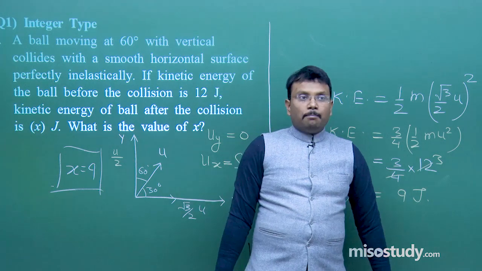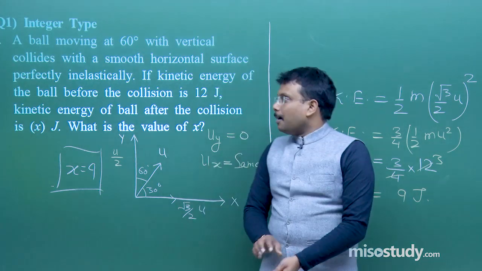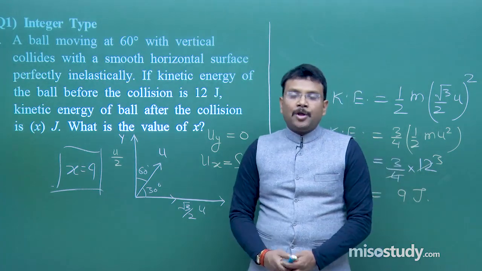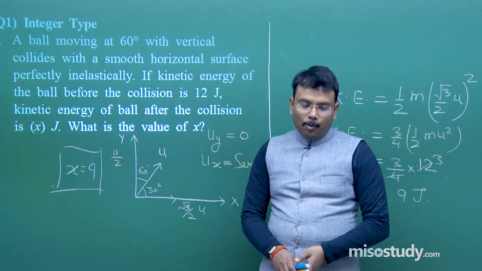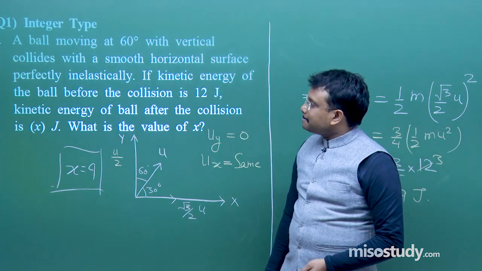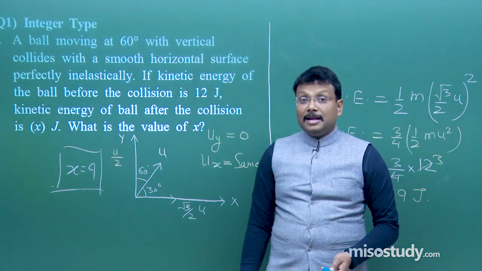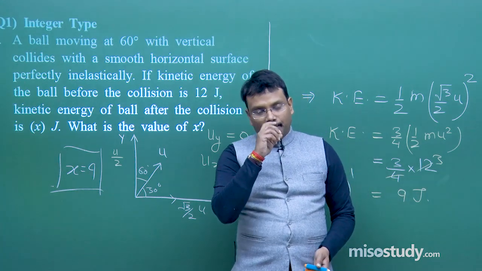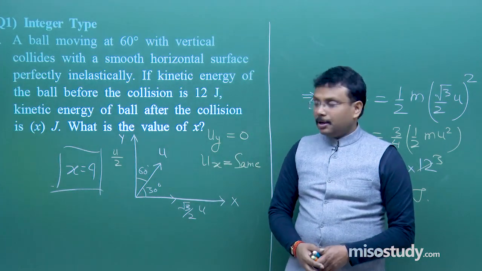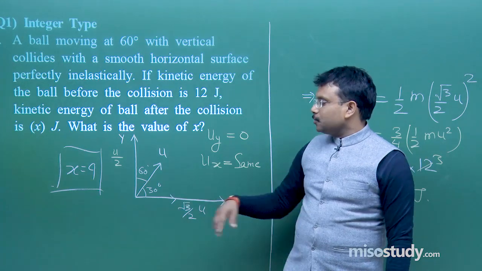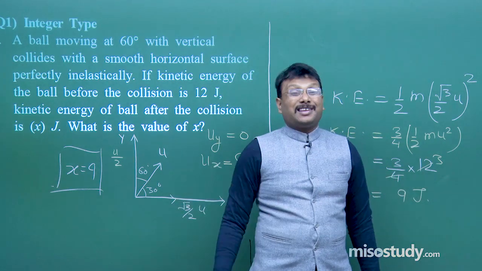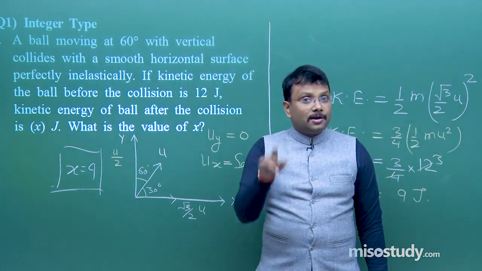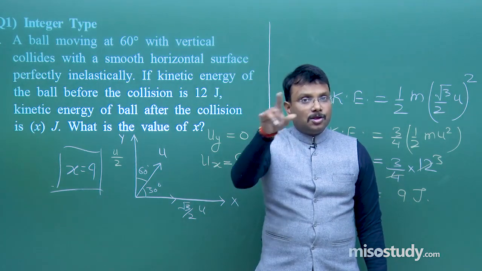Fine. My suggestion to all of you about this question is, please try to solve this problem also from the point of view of, let us say, collision is perfectly elastic. Think on that. Why I am saying so? Because according to the confusion, you will definitely get confused that when the particle will reach its highest point, this uy component is going to be 0.